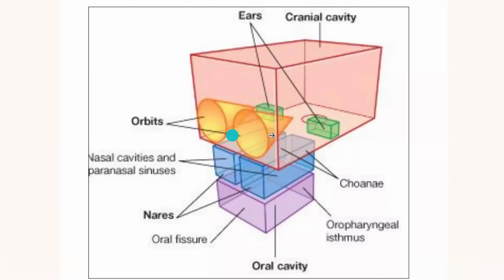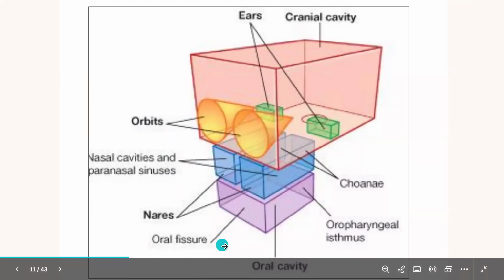These two laterally located and these two anteriorly located cavities look triangular in shape. These are the orbits, and below them two nasal cavities with their paranasal sinuses, and below them the oral fissure and the oral cavity.